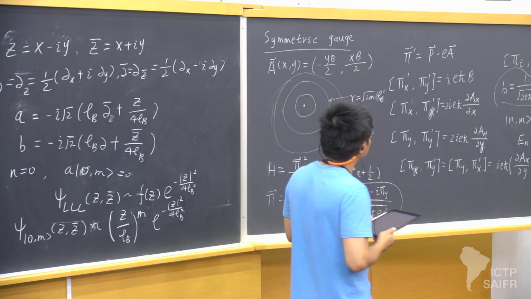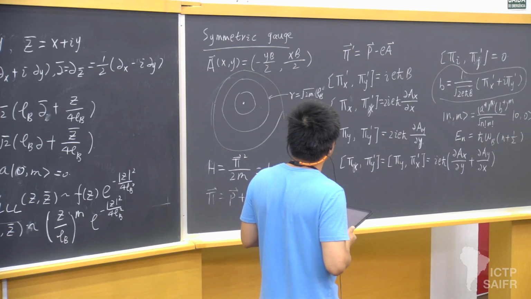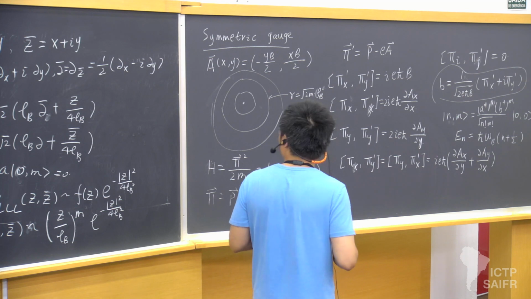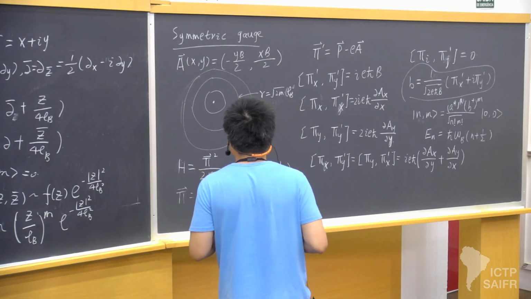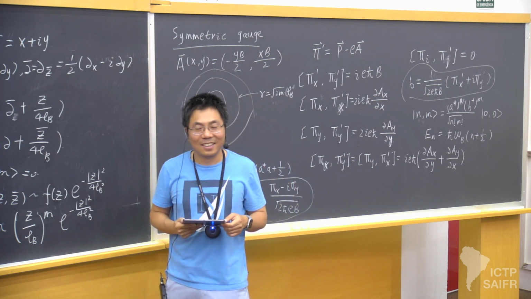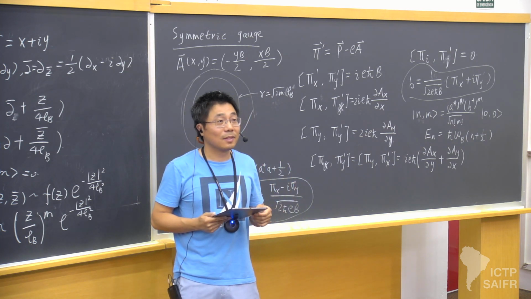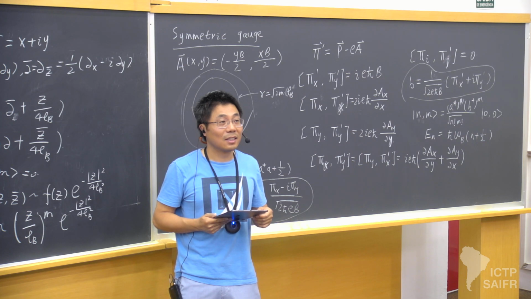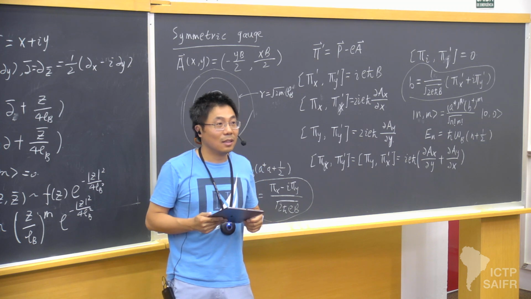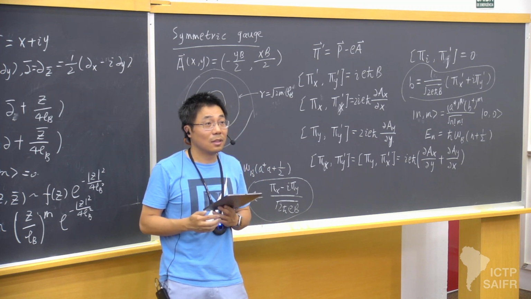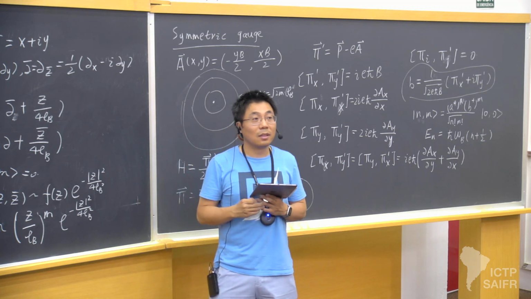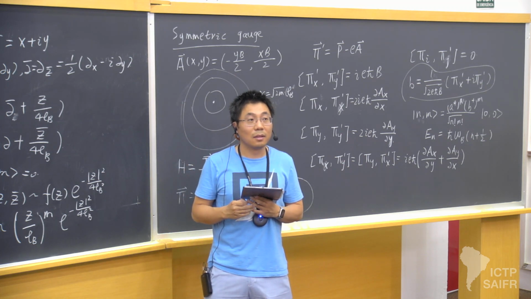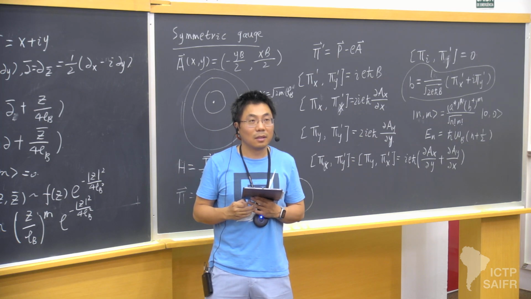To be honest, I don't have any intuition where this comes from. Well, maybe it's similar to when you're trying to find the eigenstates of the angular momentum. It's the same algebra, like when you have x minus iy, and d/dx plus i d/dy and d/dx minus i d/dy.